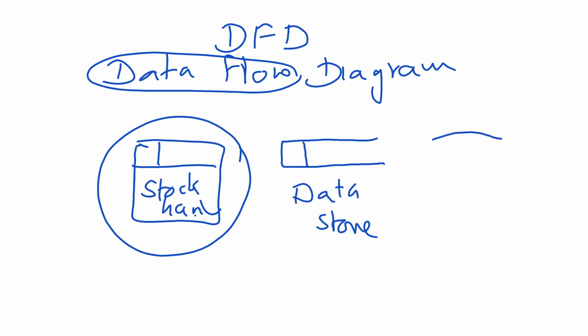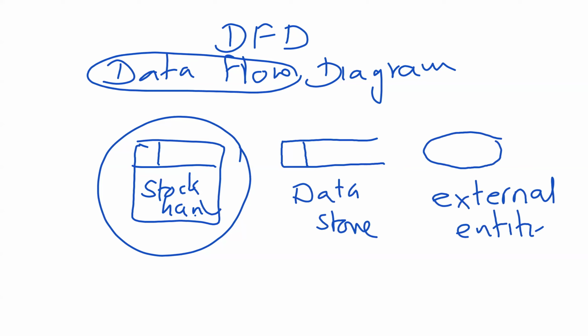And there is another thing, external entities. It can be a student, it can be a teacher, it can be a kitchen, because if we are going to send our order and we get the service from that, so we represent that chef, right? Student, like that. And data flow.